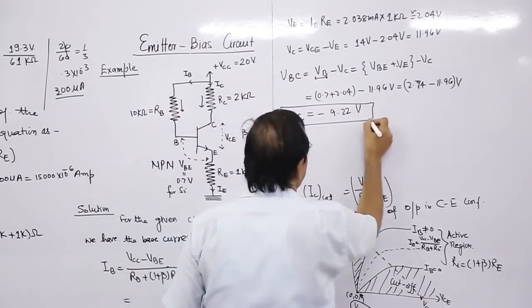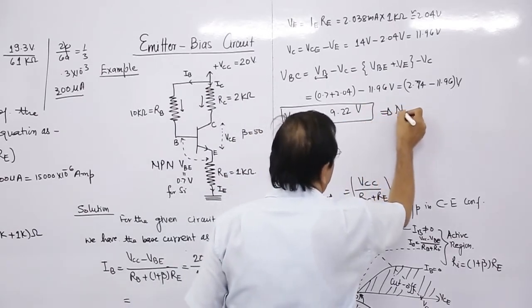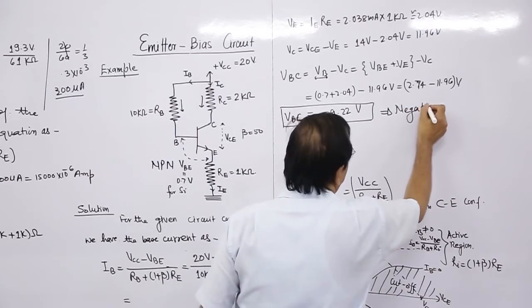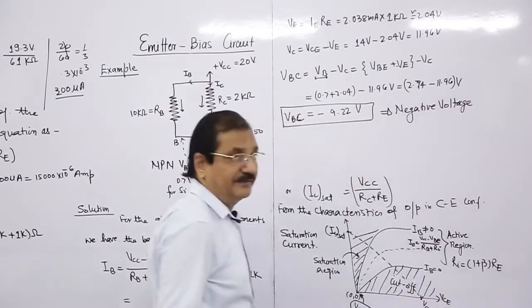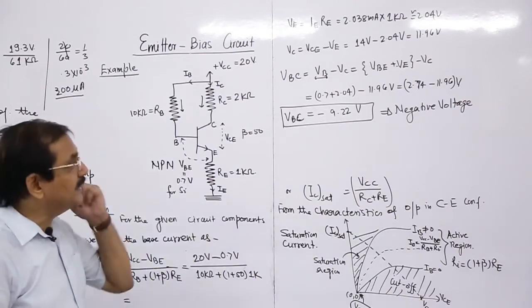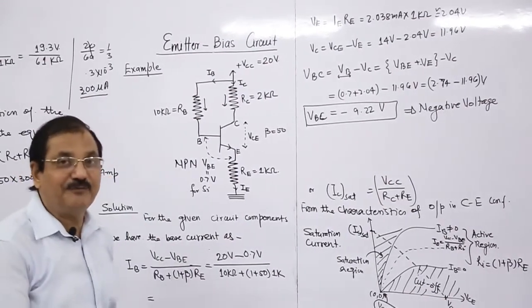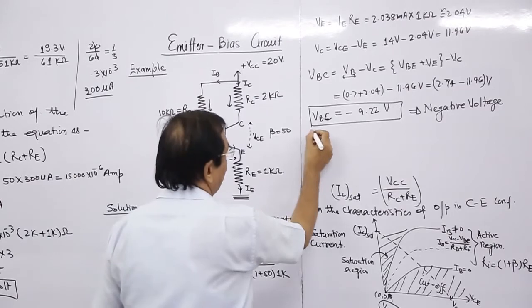So, VBC is approximately minus 9 volt, that is a negative voltage. What is the significance of this negative voltage?